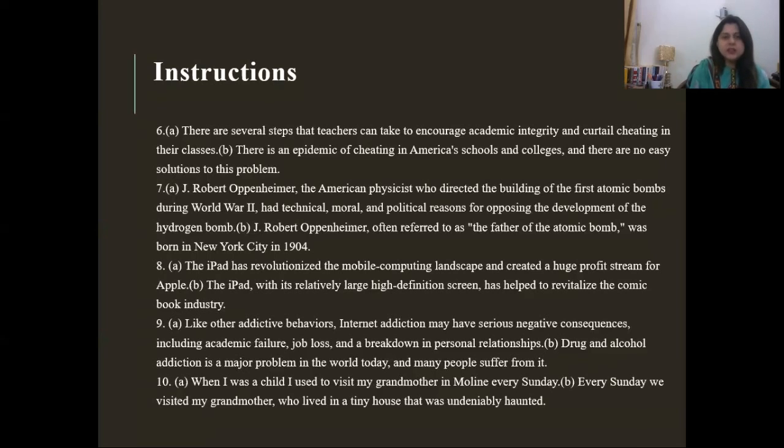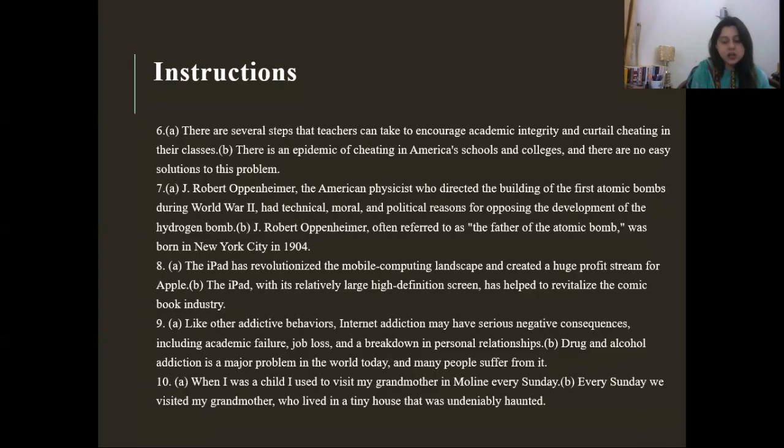But again, there is no stance. We don't know what the writer is going to talk about. It doesn't summarize or present the gist of the writing at all. It's just the background information. Now we look at the first one. There are several steps that teachers can take to encourage academic integrity and curtail cheating in their classes.